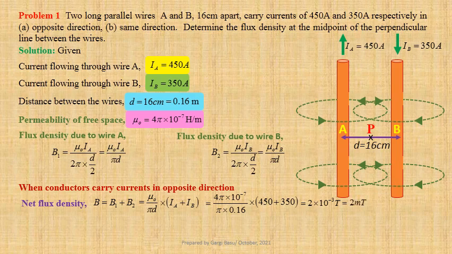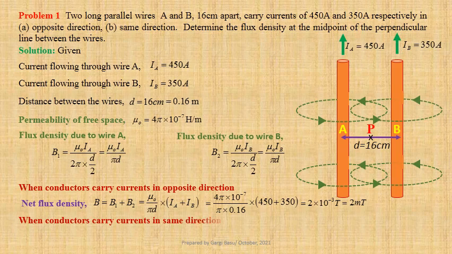When conductors carry current in the same direction, the directions of two magnetic fields are opposite to each other in the space between the wires. Therefore, net flux density B equals B1 minus B2, that is equal to mu 0 by pi d into IA minus IB.